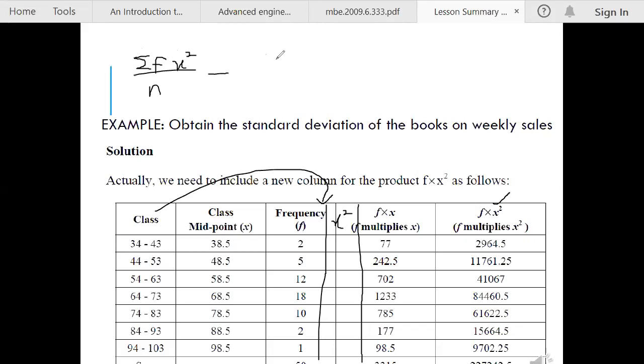Summation of f times x over n, all squared. So it means that we need also another column for what? F times x. So we need a column for x squared, we need a column for f times x squared, and we need a column for f times x. And that will give us sigma squared is equal to what we have over here.